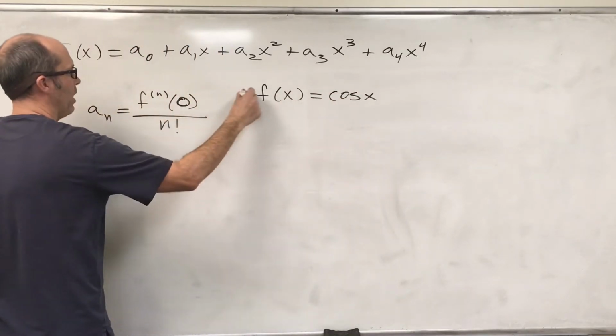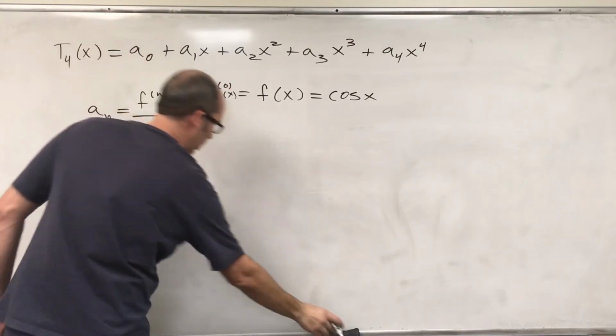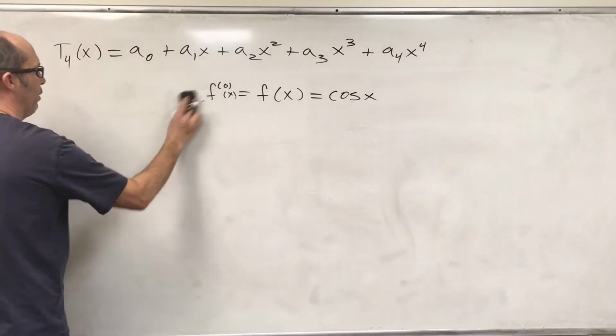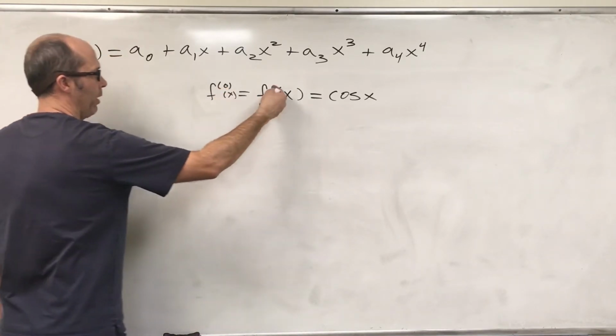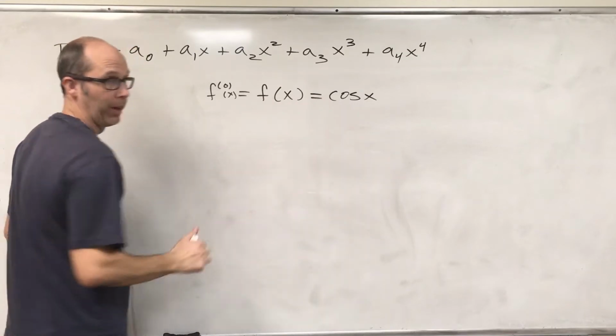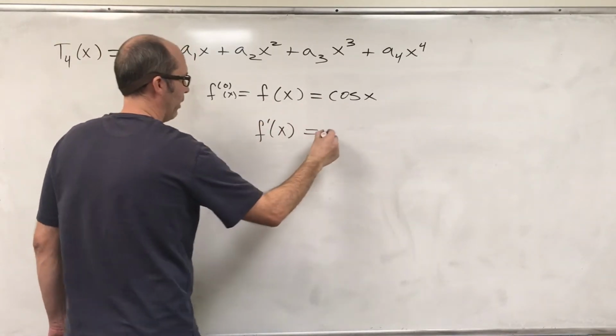All right, so let's start with f of x equals cosine x. Remember, this is the 0th derivative, meaning there are 0 apostrophes up there, so it's just f of x. Okay. f prime of x, derivative of cosine is negative sine.